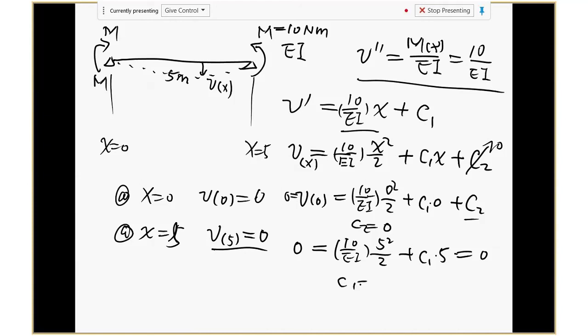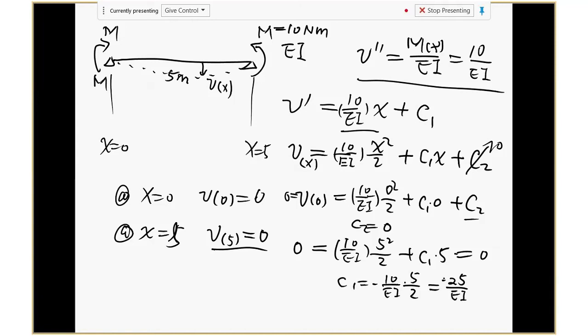So C1 equals negative 10 EI, right? And then this will be 5 squared over 2, over 5. So that's 5, right? You still have 5 squared over 5. Or you can simplify one more step if you want: negative 25 EI.